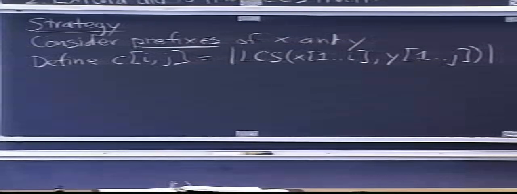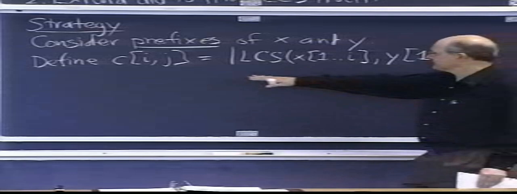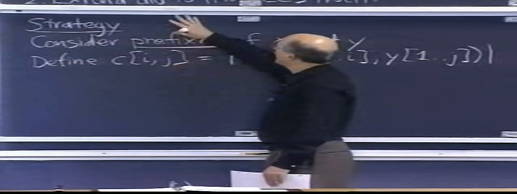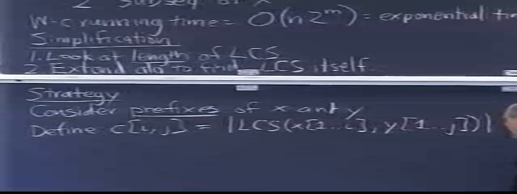Why is this sufficient to compute the length of a longest common sequence? How do I get the length of the longest common sequence of x and y once I have this?